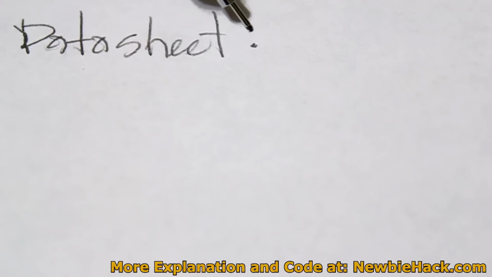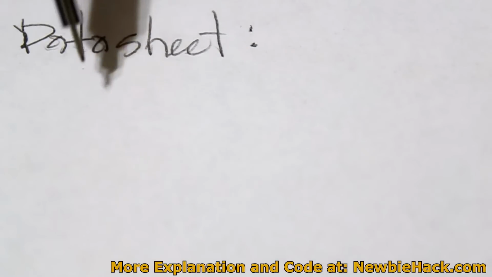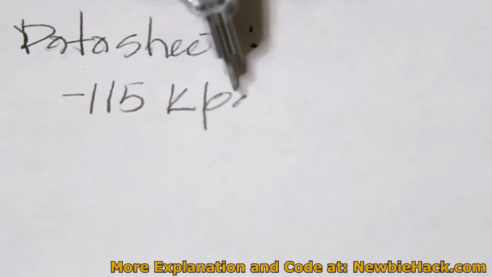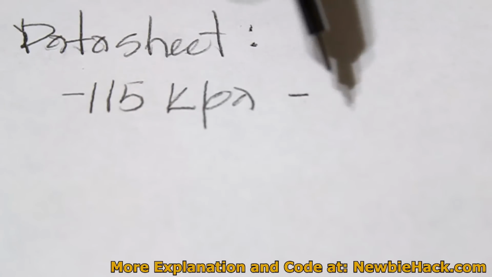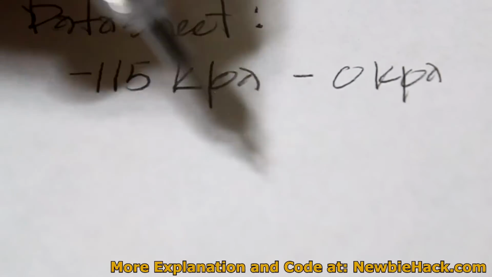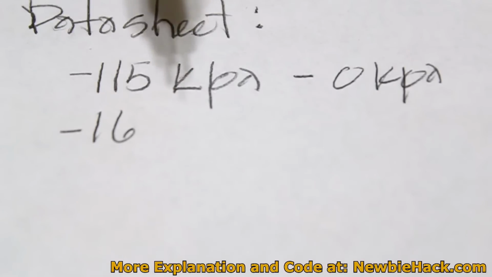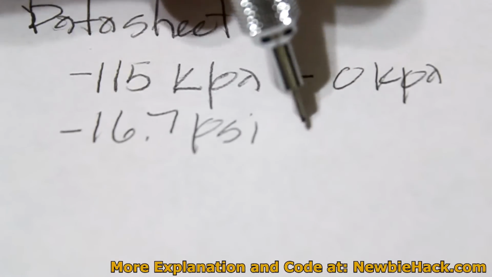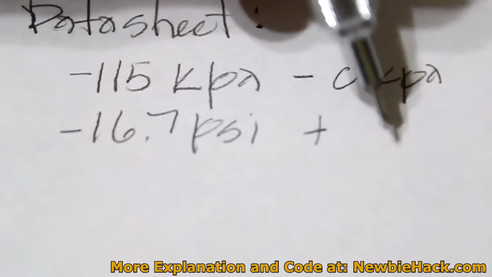So according to the data sheet, this particular sensor will be able to sense a range of -115 kilopascals to 0 kilopascals, and that's the same as -16.7 psi to +2.2 psi.